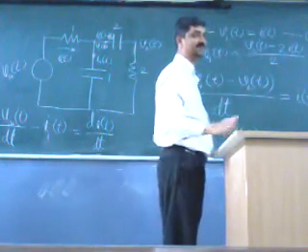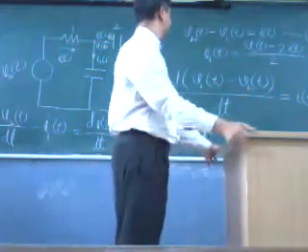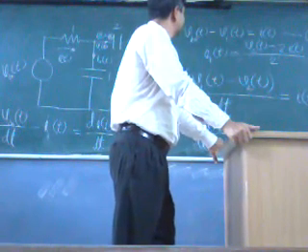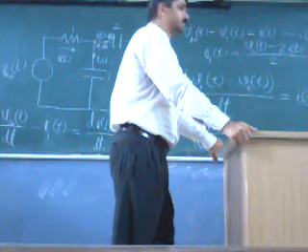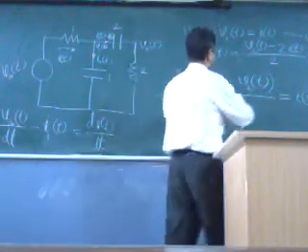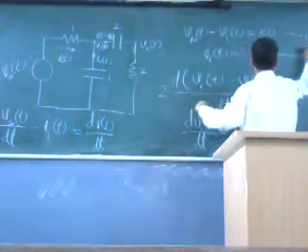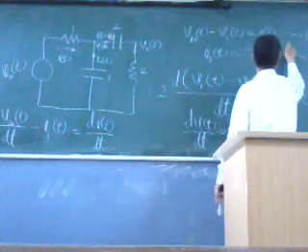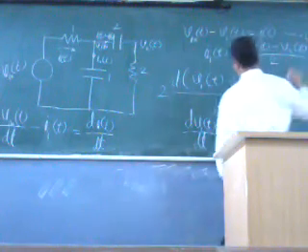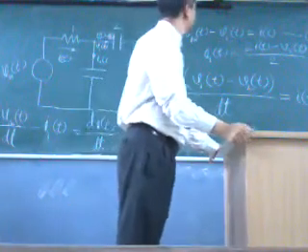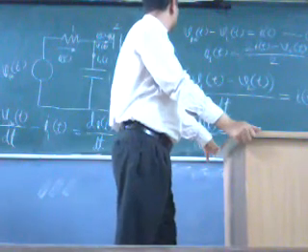But again V2(t) comes. It is okay, sorry, it is 2I(t) minus V2(t).